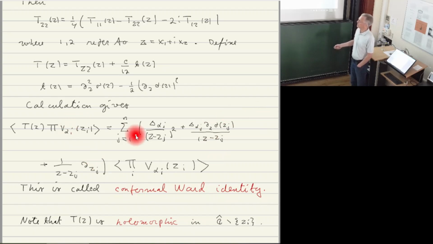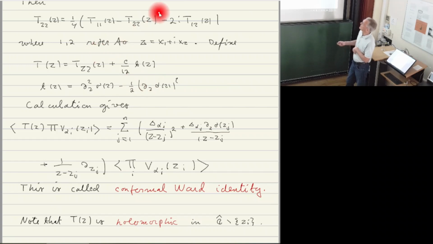So there's a very simple thing. This is called the conformal Ward identity. The stress insertion gives rise to such an identity. One thing to notice is that this is a holomorphic function of z. The z dependence is only here. It's an identity, it's holomorphic in z.